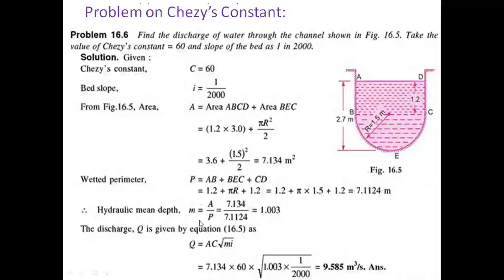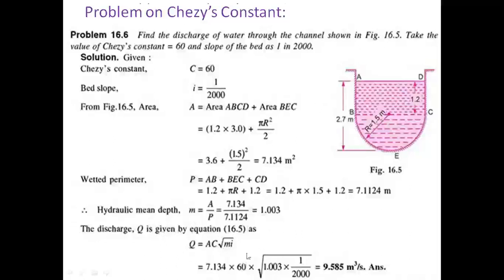Now find the hydraulic mean depth value, small m, which is the ratio of the area of the channel to the wetted perimeter of the channel: 7.134 by the wetted perimeter value 7.1124. We get 1.003. Now find the discharge of the channel from the Chezy constant.